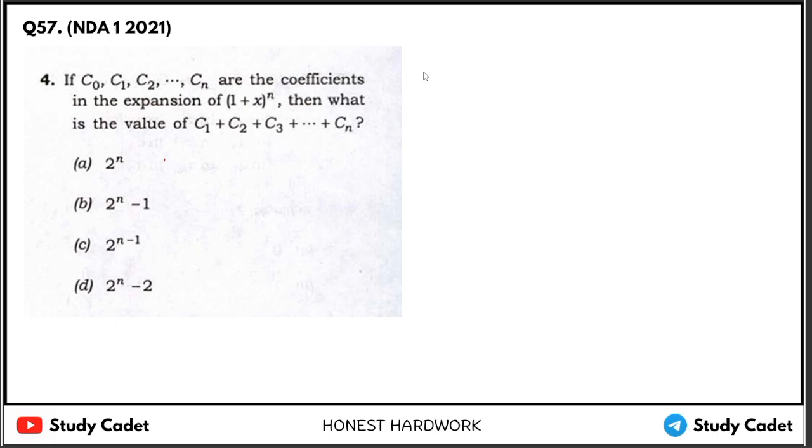We know the binomial expansion of 1 plus x to the power n is equal to nC0 plus nC1 x plus and so on, so it will simply be 2 to the power n, but nC0 is missing here, so minus nC0, so 2 to the n minus 1. This is the answer.